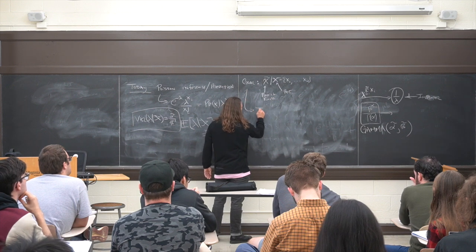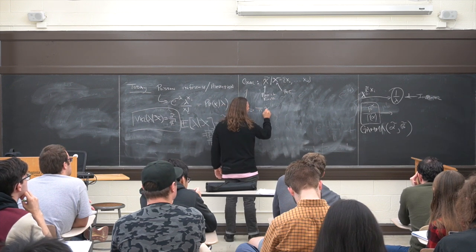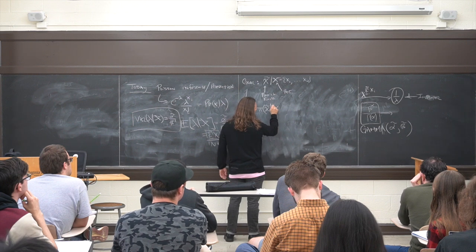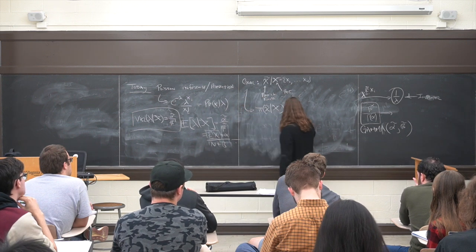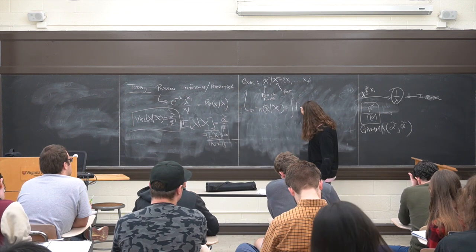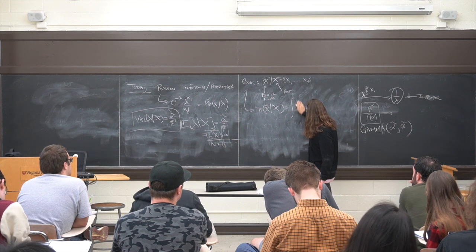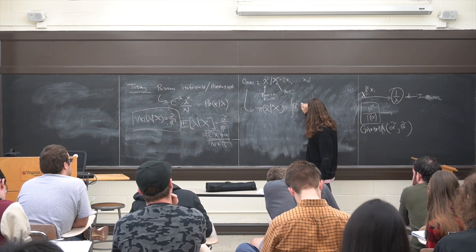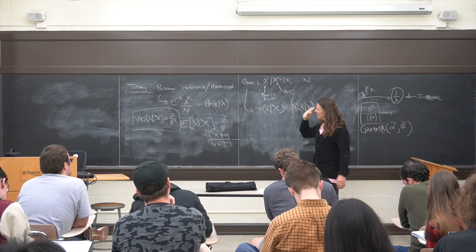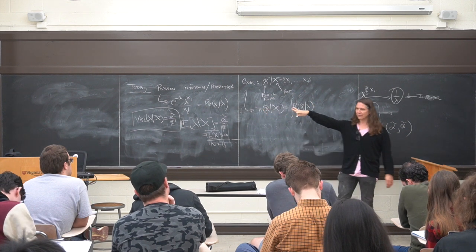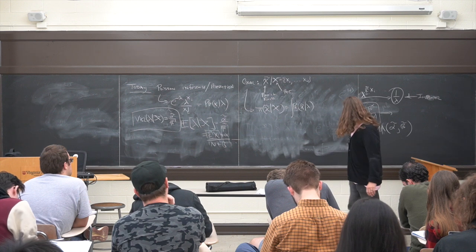So we want this thing. And this is going to be equal to the integral of f of x tilde given lambda. It's just that distribution, but it has an x tilde put in.